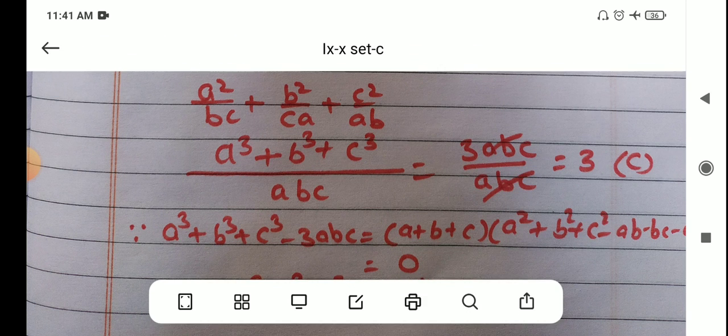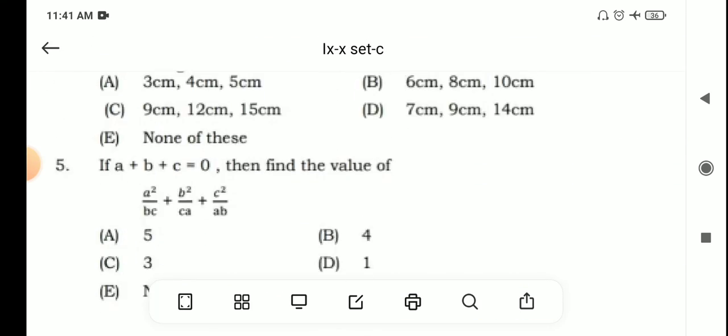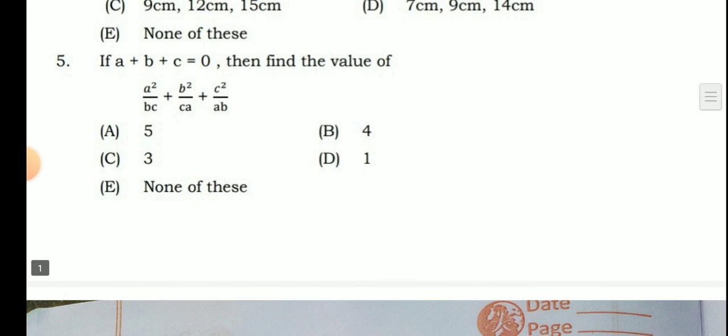So which option is the correct option? C option is the correct option. 5 number question, option number C equal to 3 is the correct option.